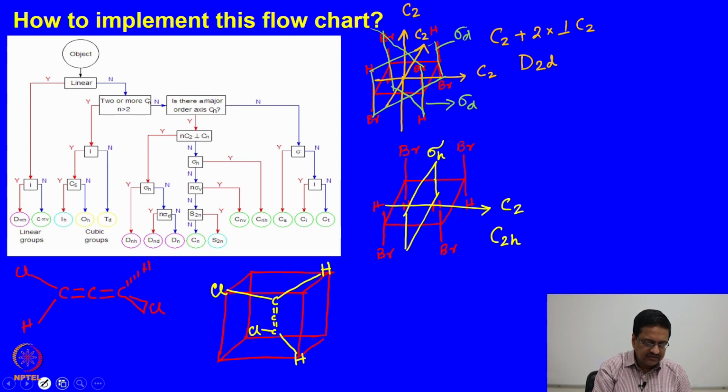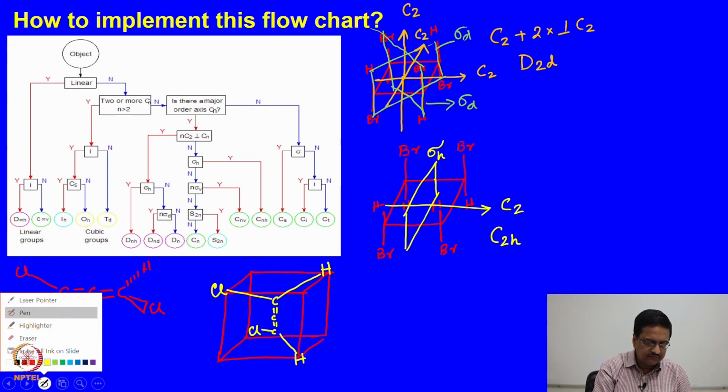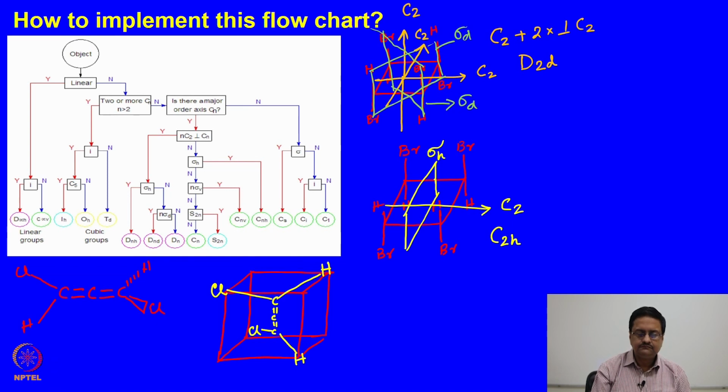So, now what are the symmetry elements that we see in this molecule? There is a C2 axis passing through this center of the face to that center of the face through the central carbon atom. Now, does it have any other symmetry element that one can see?